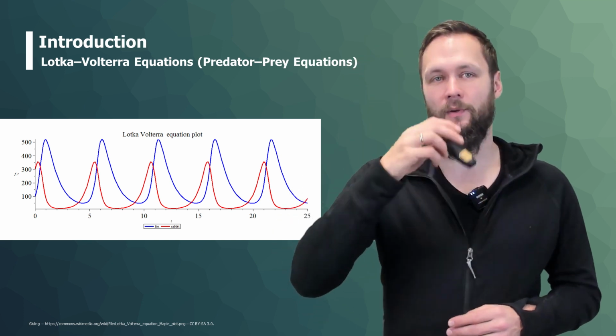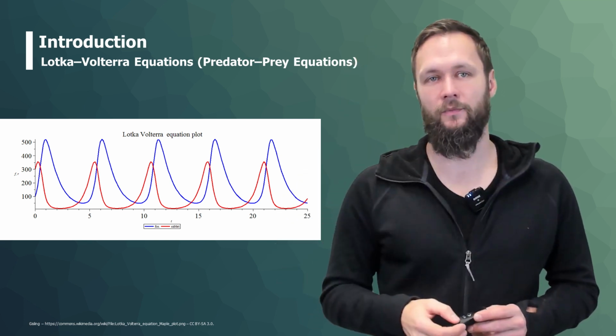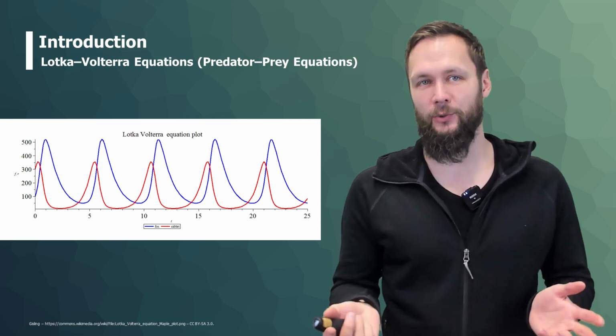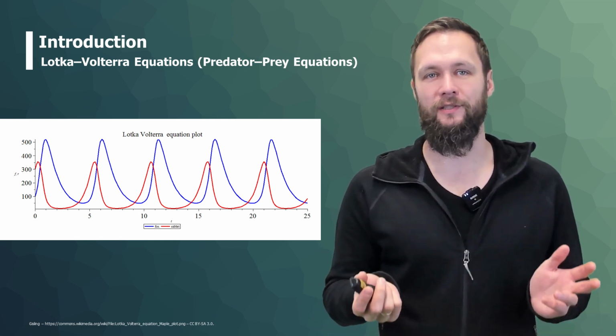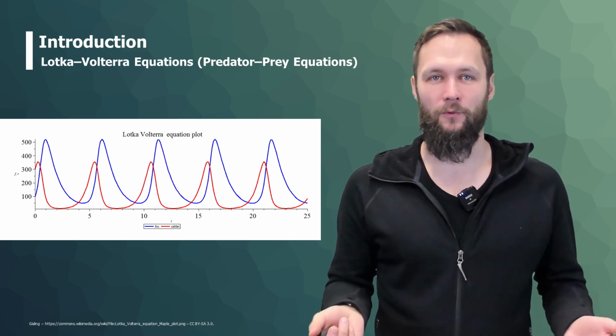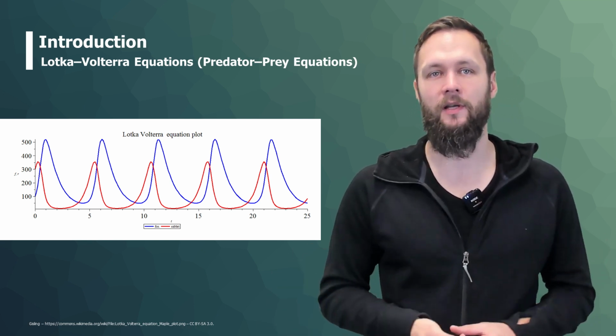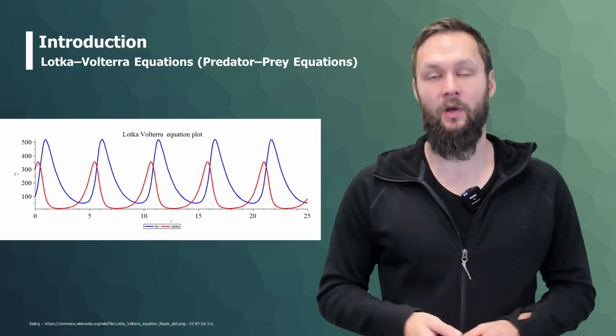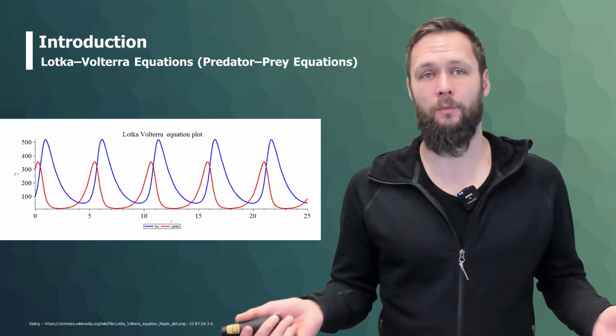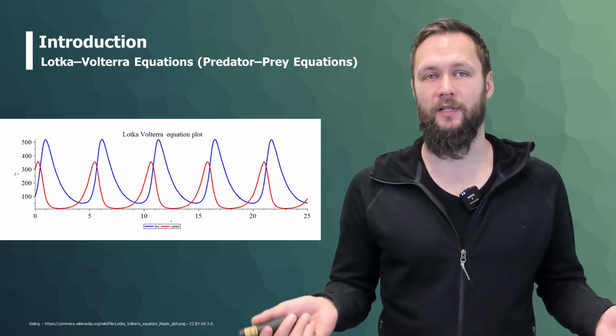With the upward trend of the fox population, you start to notice that the rabbit population heavily decreases, because the more foxes you have eating rabbits, the fewer rabbits you have, until the rabbit population more or less collapses. What follows next? The fox population collapses as well, because there is not enough food left.